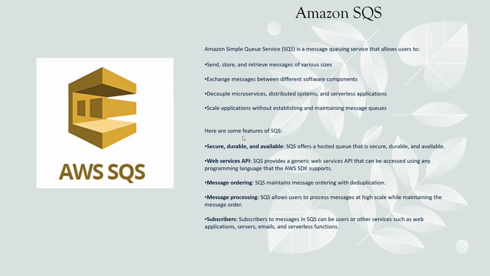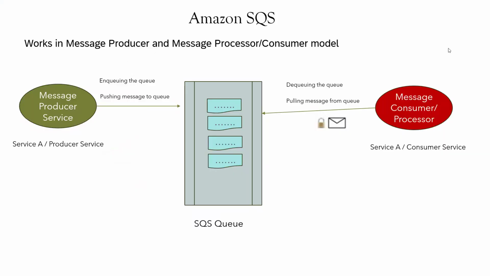Let us understand more in depth the detail of this queue itself. See this image. We have a web API service that is producing some message.